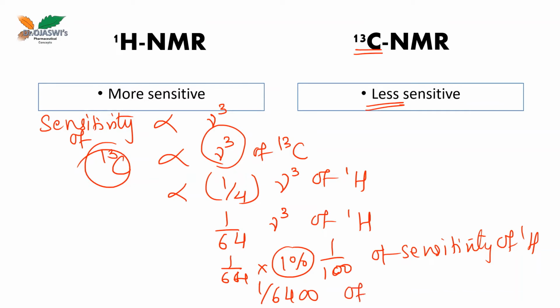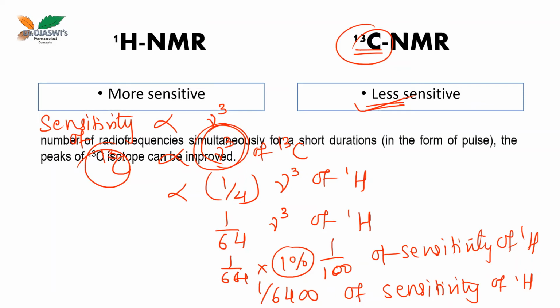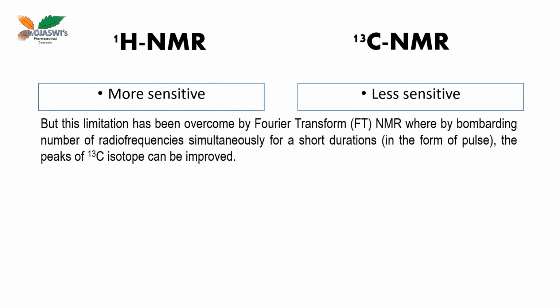So basically what we have to remember is that 13C is less sensitive, because its magnetogyric ratio is lower than that of 1H. But this limitation has been overcome by Fourier transform NMR, that is FT-NMR, whereby bombarding a number of radio frequencies simultaneously for a short duration in the form of a pulse, the peaks of 13C NMR can be improved.